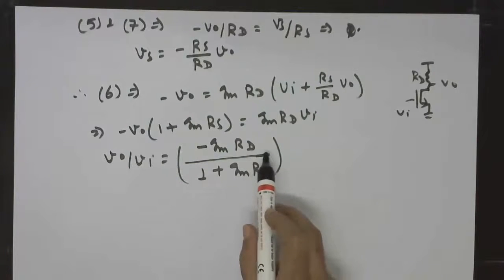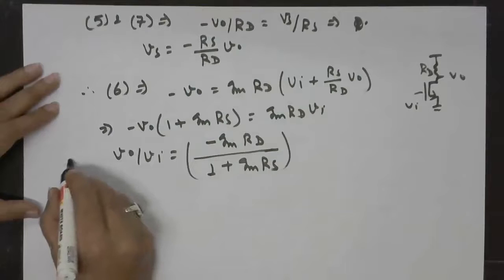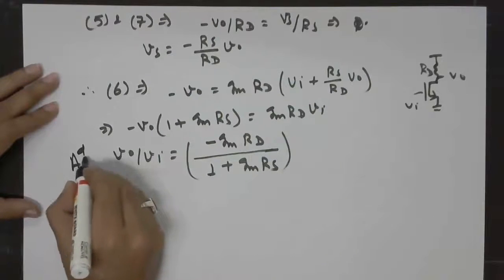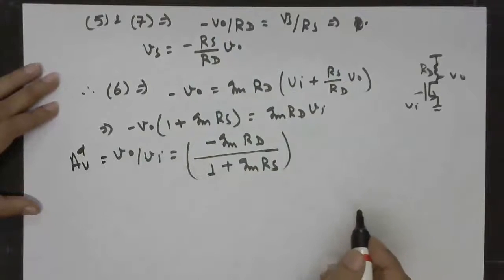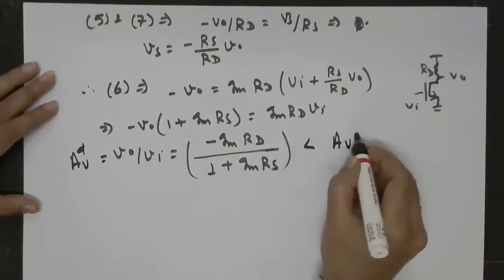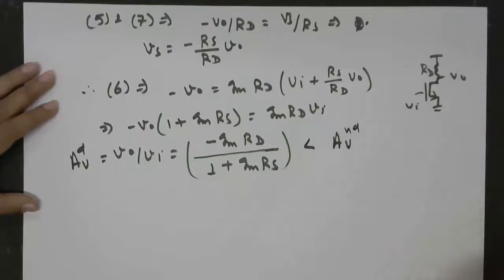So we see that the gain for the degenerated case, say degeneration of the common source amplifier, is less than AV without degeneration, right? Non-degeneration, let us say.